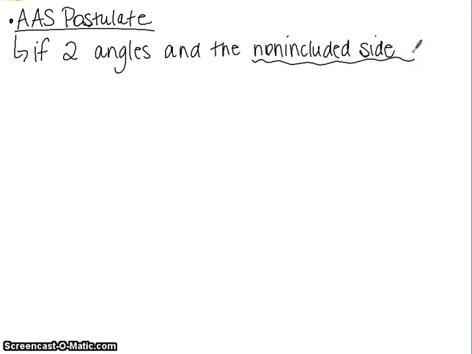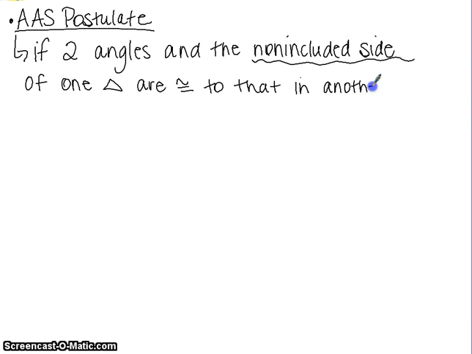So if 2 angles and the non-included side of one triangle are congruent to that in another triangle, then the triangles are congruent.